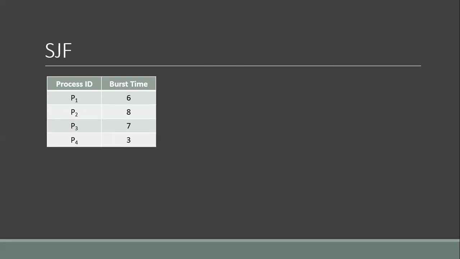Each process has associated burst time, that is, how long it will be executing on the CPU. Like process P1 will execute for 6 milliseconds. Process P2 will execute on the CPU for 8 milliseconds, and so on.